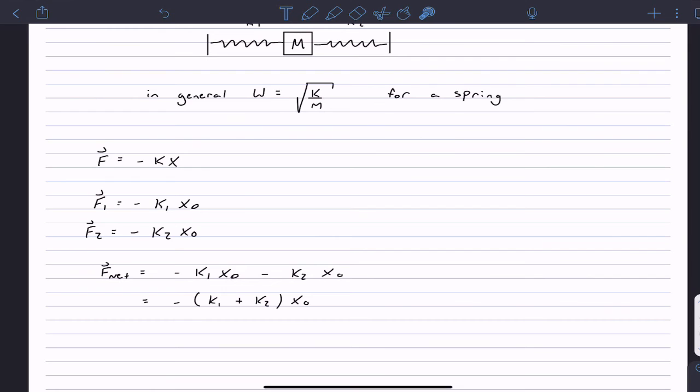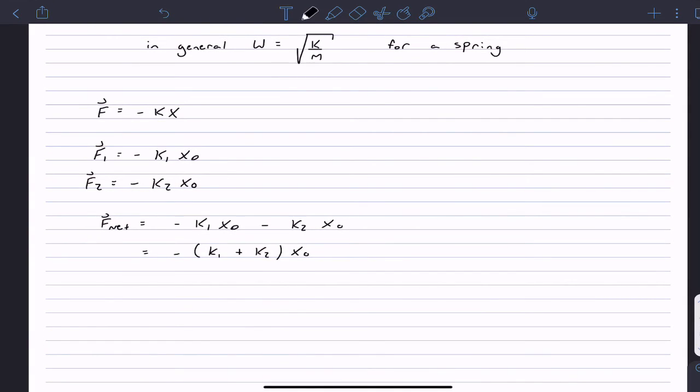We've just summed up the spring constants, so we can call this k effective, which is k1 plus k2. That's your net spring force.